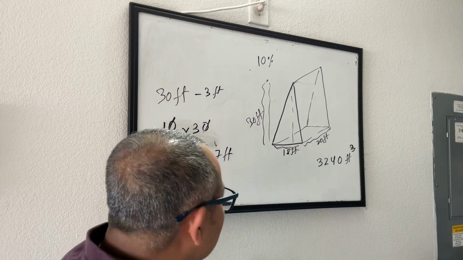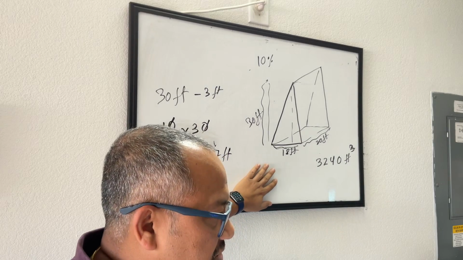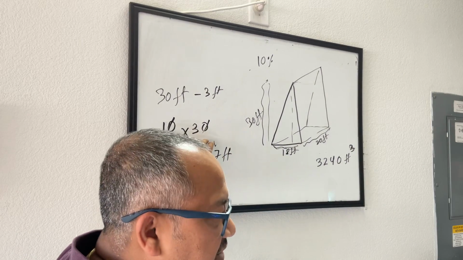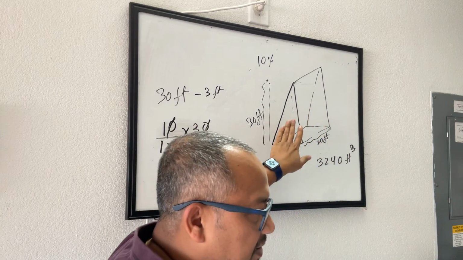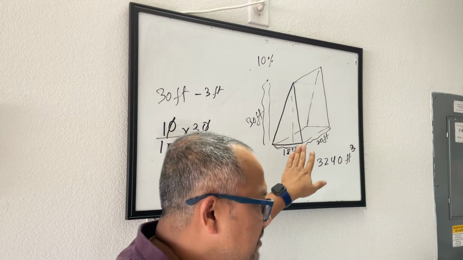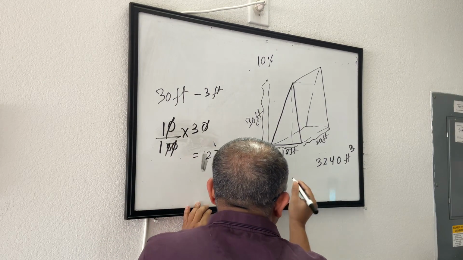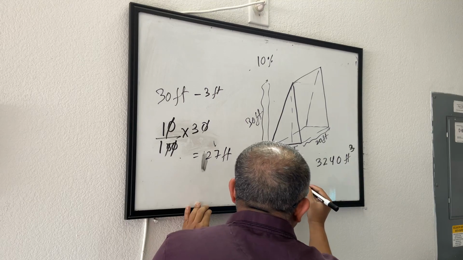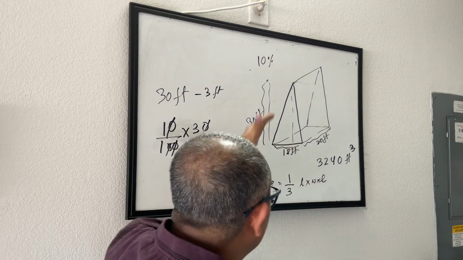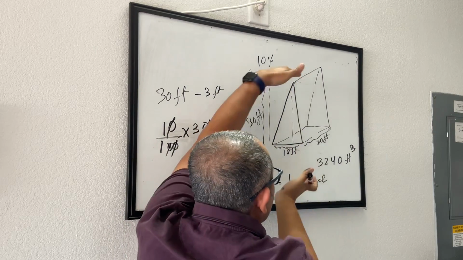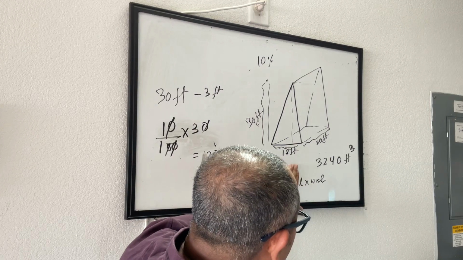So the question says, what will be the new volume of this house after the height is reduced? Simple calculation. We have a rectangular pyramid. We know that the volume of a pyramid is 1/3 of length times width times height. If it was a perfect cuboid, meaning it was not tapering, that would have been length times width times height.